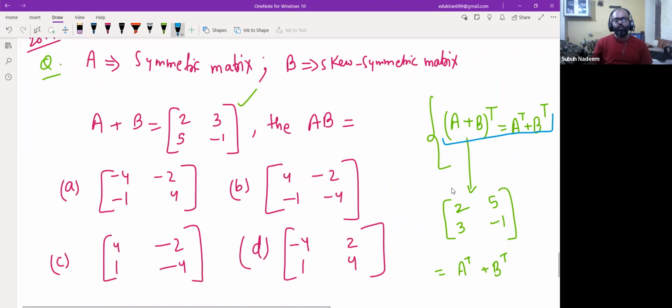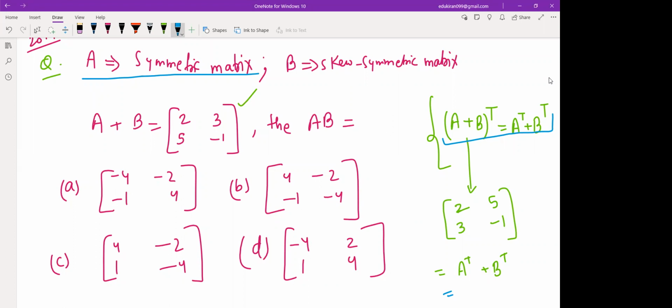Now you have to use the fact that A is symmetric. So if A is symmetric, what should we write A transpose as? We have just discussed this above.